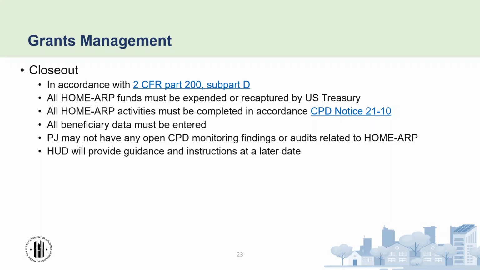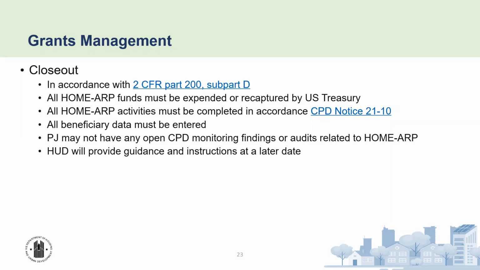HOME-ARP grants will be closed out in accordance with 2 CFR Part 200, Subpart D, just like the HOME program. But before the grants can be closed out administratively, all HOME-ARP funds must be expended, all HOME-ARP activities must be completed in IDIS, and all beneficiary and completion data must be entered into IDIS.